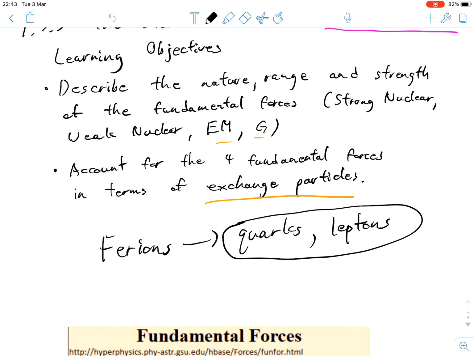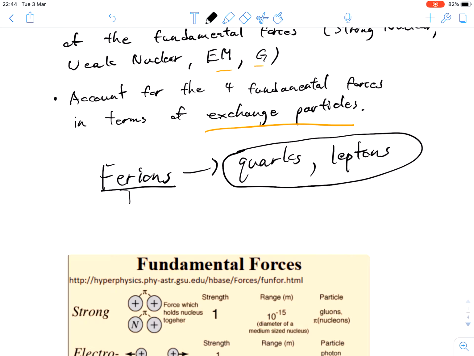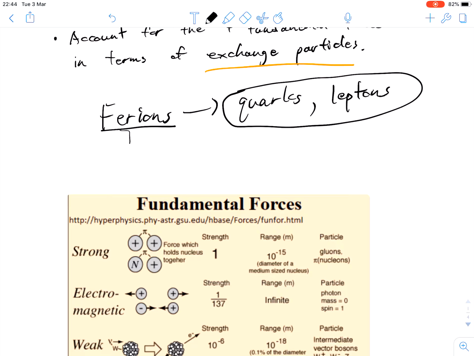And these are together called fermions after an Italian scientist by the name of Enrico Fermi. A little bit of extra background information for you guys.